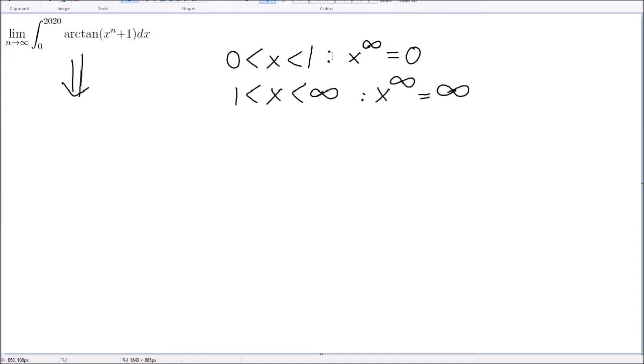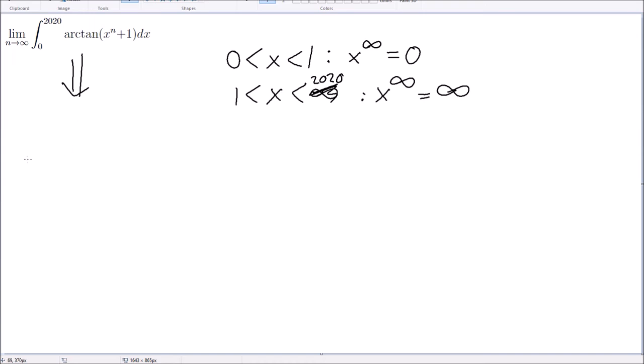So here we know that from 0 to 1, then 1 to infinity, we have to split it up. In this case, we have 0 to 2020, so we could just change this to 2020. It doesn't necessarily have to be infinity.